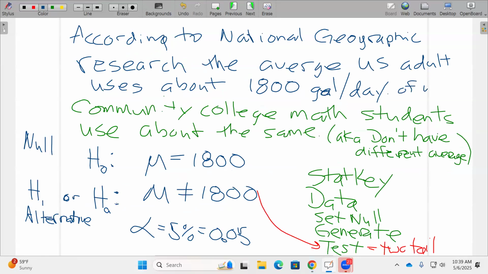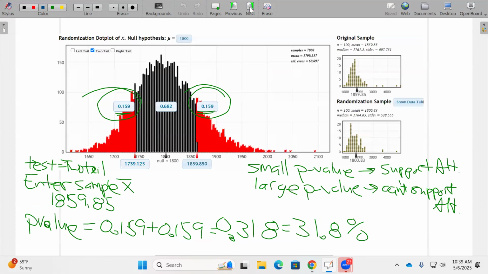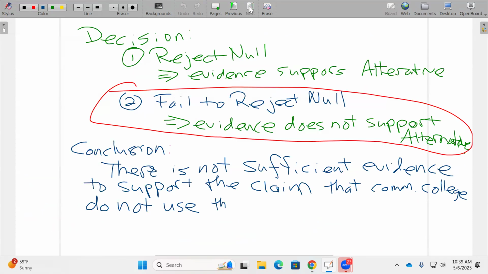I should have written of water. That's important. And then the alternative is that community colleges have a different mean. So we have to say they don't have a different mean.